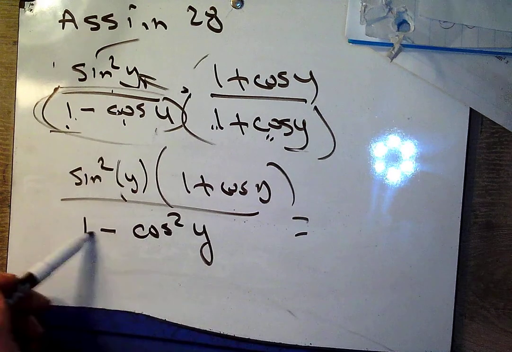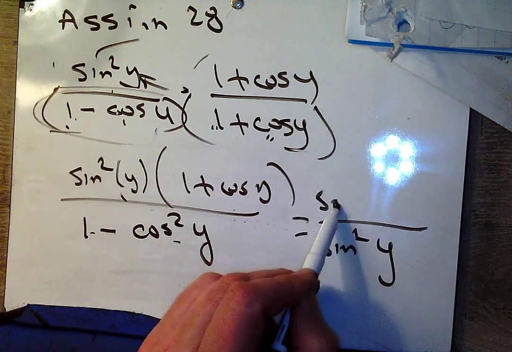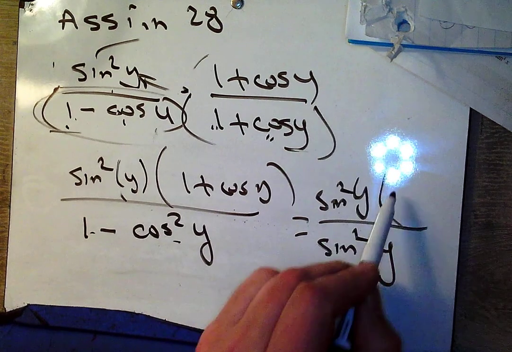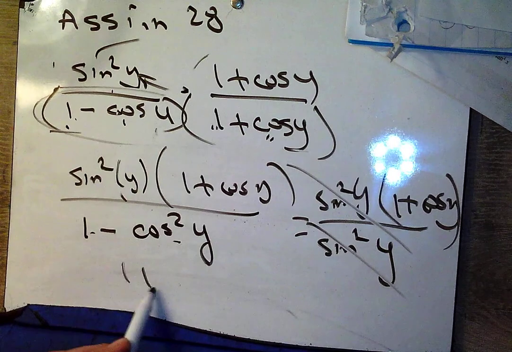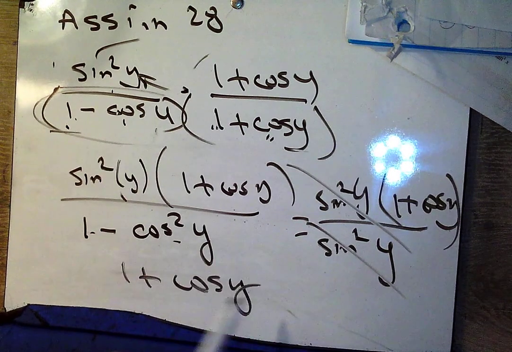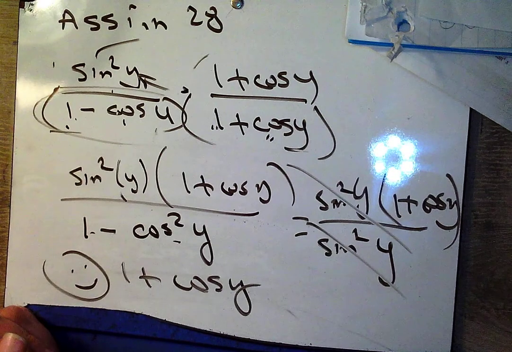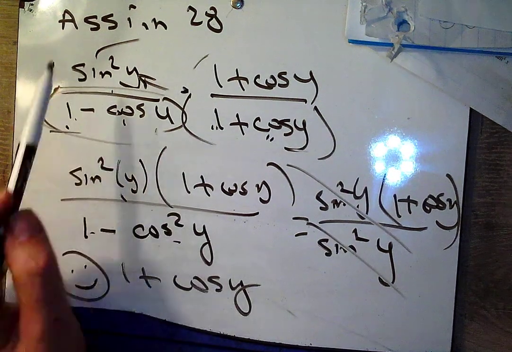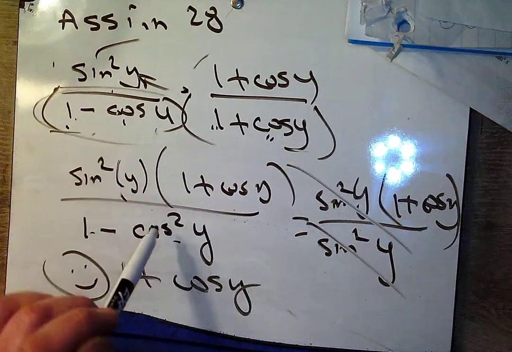Hey, isn't 1 minus cosine squared the same as sine squared? And then these cancel, and I'm left with the same 1 plus cosine y. Done. Okay? So we were able to multiply top and bottom by the conjugate.